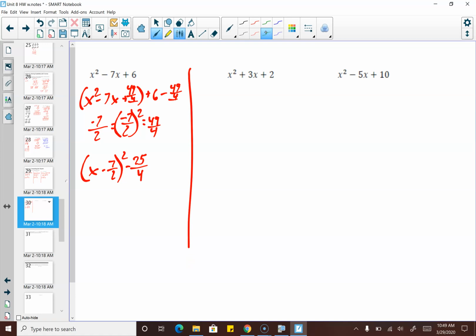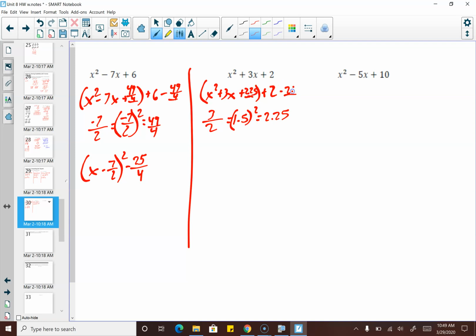Okay. So again, I did the first one through fractions. In the middle here, I'm going to do this next one with decimals just to show it in a different way. So you've got to be a little patient as you set things up. So 3 divided by 2 is 1.5. 1.5 squared is 2.25.